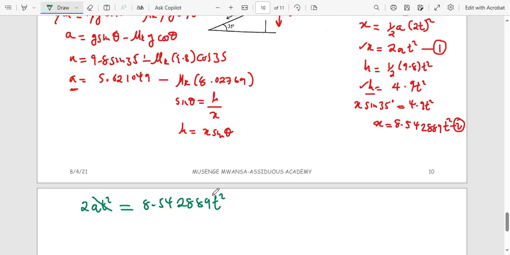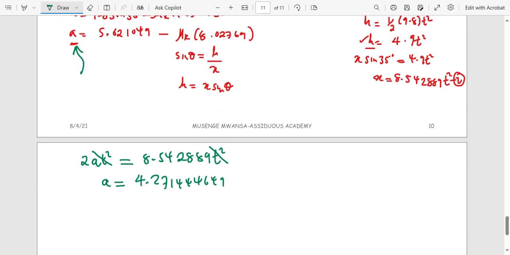Can you see that t squared is going to cancel out? That remains with 2a is equal to that. So to remain with the acceleration it is going to be 8.54 divided by 2, and that is going to give us a is 4.271444. And then we'll substitute where there's acceleration, because the question is asking us to find the coefficient of friction.